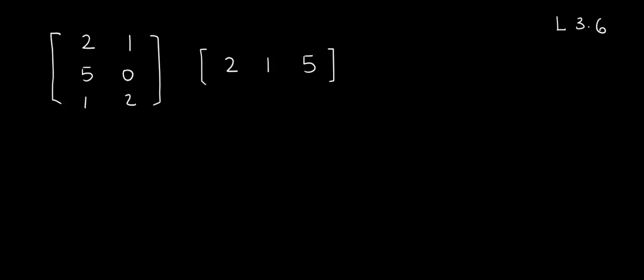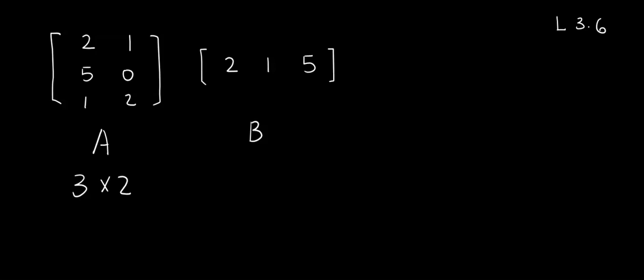Amen. All right. Our first practice is we have the matrix A, 2 1 5 0 1 2, matrix B. Before we multiply it, we must check the dimension. Dimension for matrix A is rows, we have 3 rows. Columns, we have 2 columns. So it's 3 by 2.